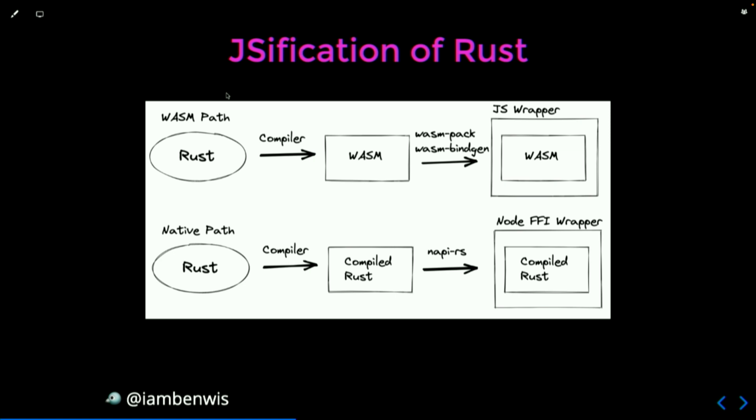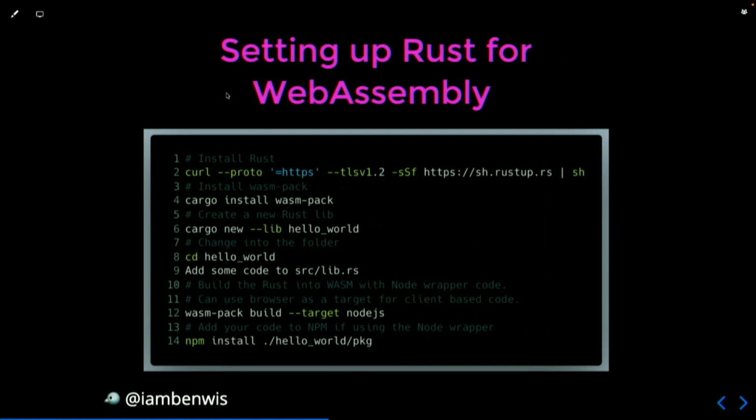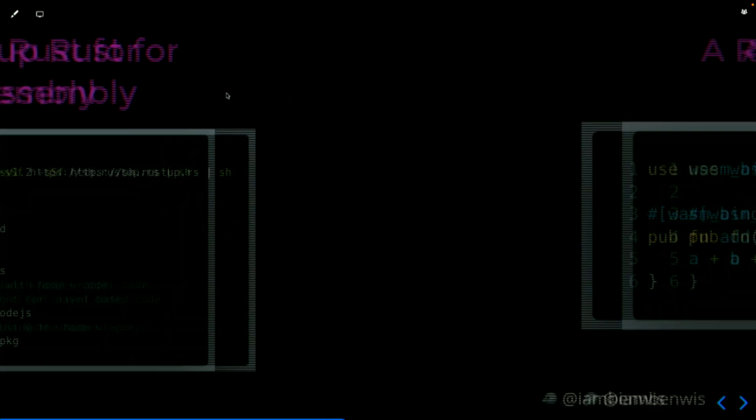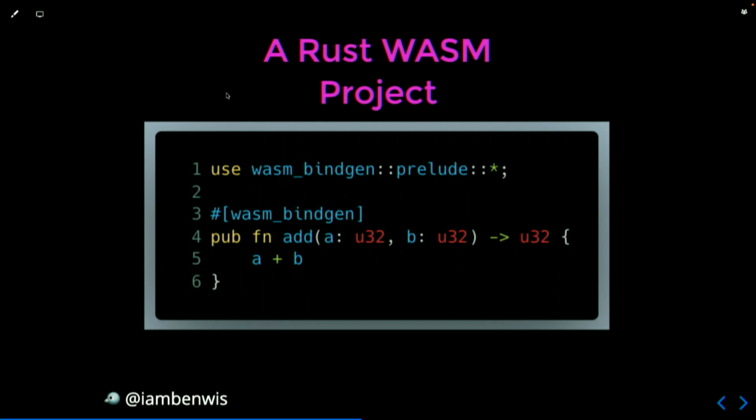Once we got it into Remix, which was not as easy. This is the process that you would use if you were going to install something like that. It's pretty straightforward. Install Rust. Install the tool that generates the JS, create a new project, add some code, build it, ship it, right? This is what the Rust would look like, a very simple function.